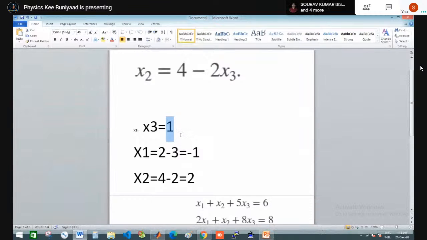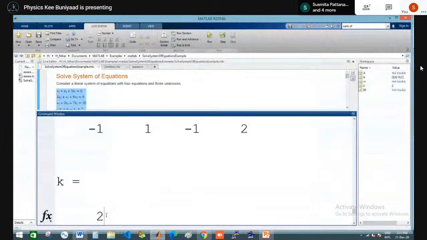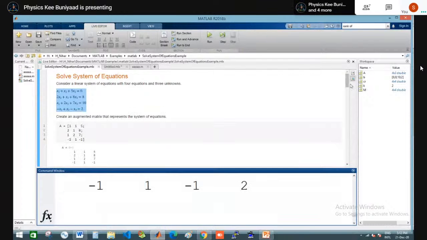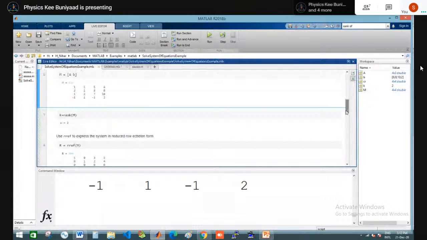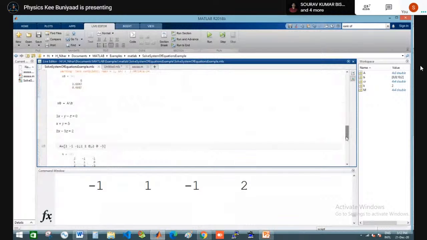Otherwise, you will get many solutions. So in this example, the rank of the matrix is 2, but the number of variables is 3, x1, x2, x3. That's why we get many solutions. If I show you another example, then it may clear all your doubts. If there is any doubt.